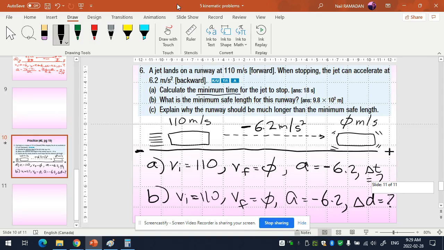Say again? So maybe it was not slowing down. Maybe the brakes are not as good, right? So that means the slowing down is not at negative 6.2. Maybe it's negative 5 or negative 4, which means you're not losing as much speed. You're still going to go further.